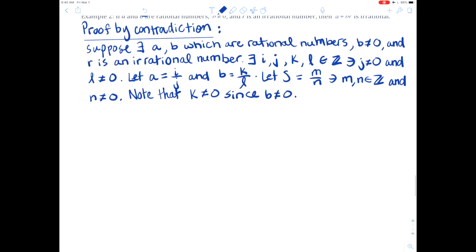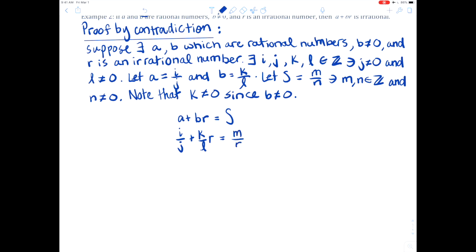Okay, so let's figure this all out. Let's add this stuff up. So we have A plus B times R is equal to this sum. Well, what did we call A? We called A I over J. What did we call B? K over L. We still have R as R. And then S was what?